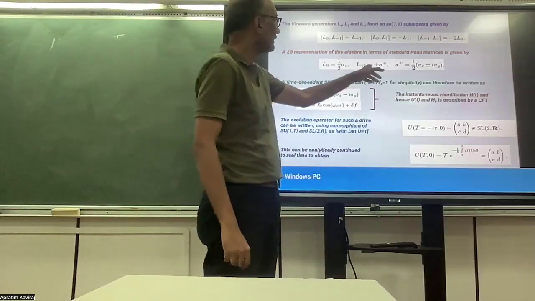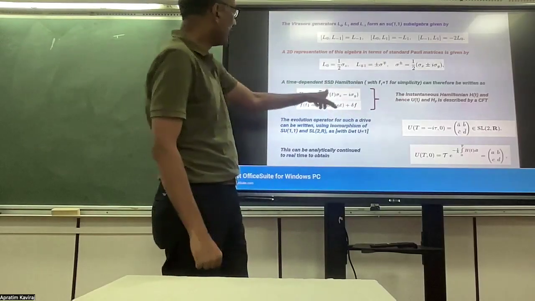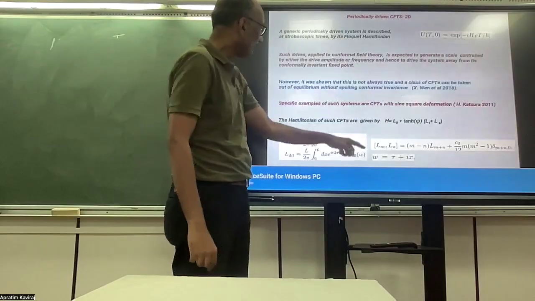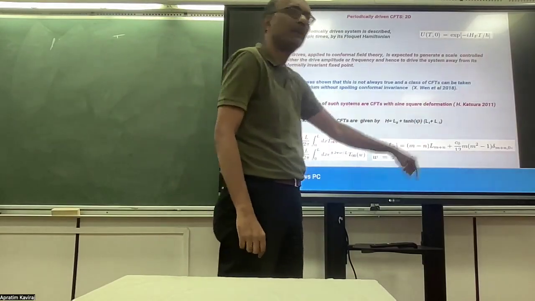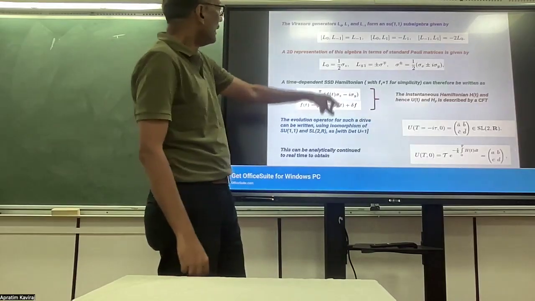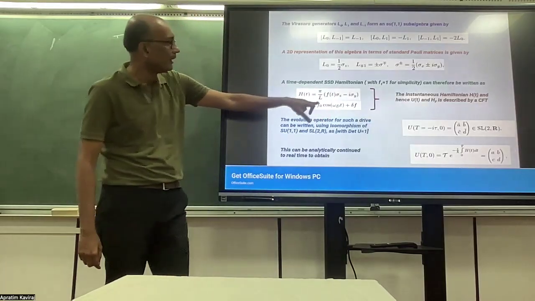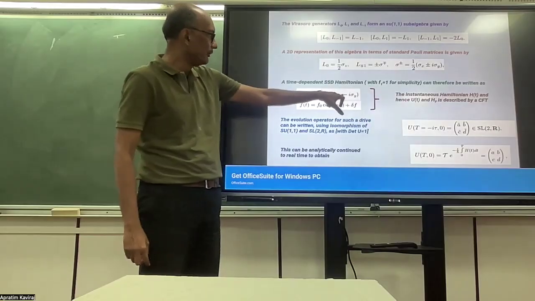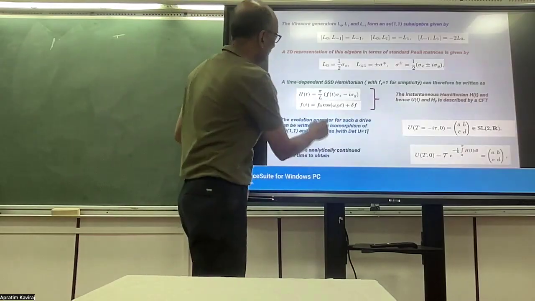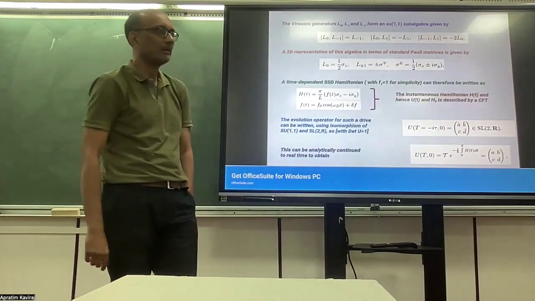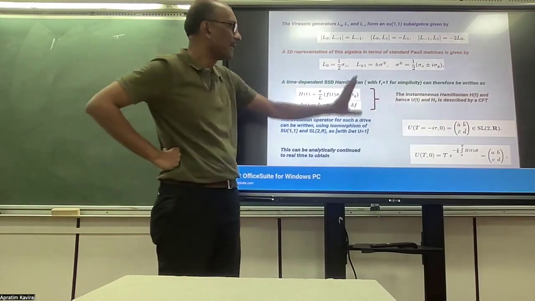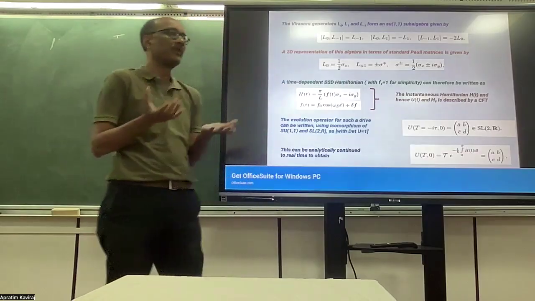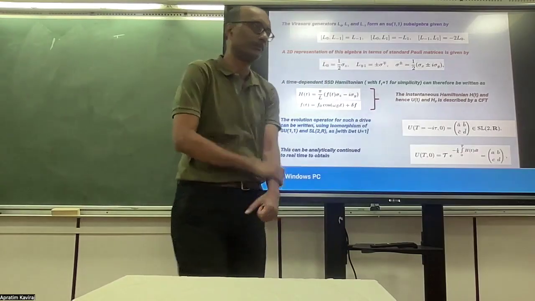And notice that the Hamiltonian, which was some linear combination of L0, L1 and L-1, can now be written in terms of sigma z, which comes from L0, and L1 plus L-1 gives an i sigma y. And this i essentially is because it's SU(1,1).